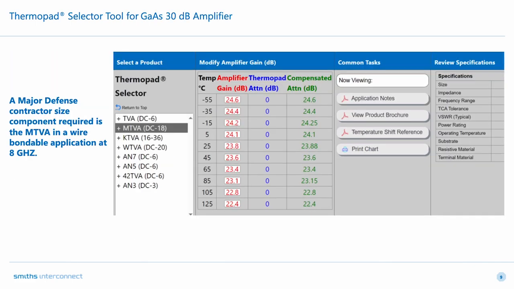For this particular application, one of our major customers is using a component called our MTVA size, and the frequency they're using is at 8 gigahertz, which is within the allowable frequency range of our MTVA product line.